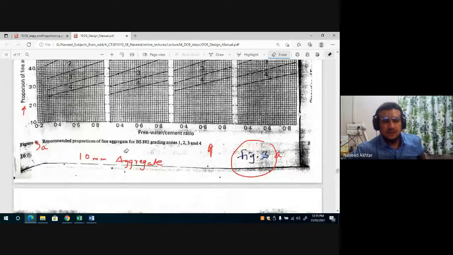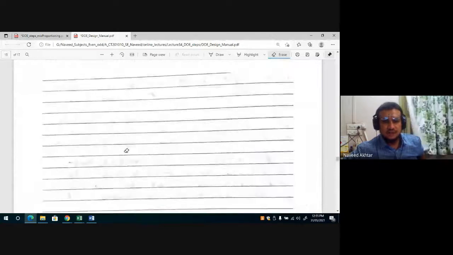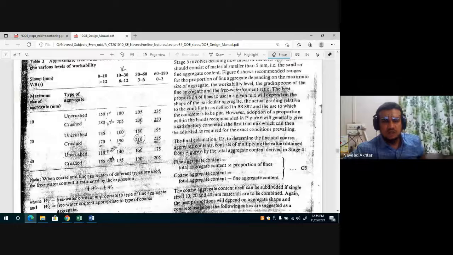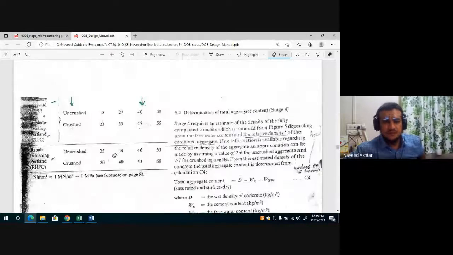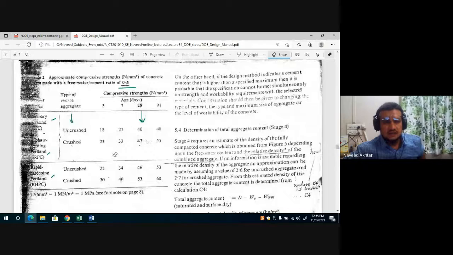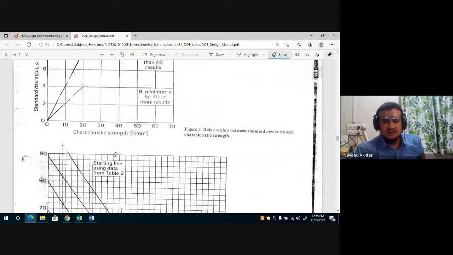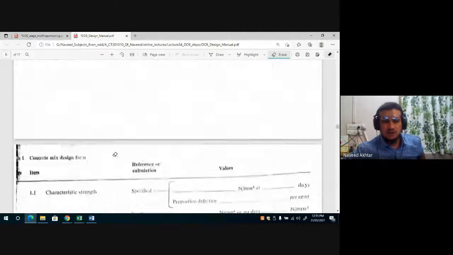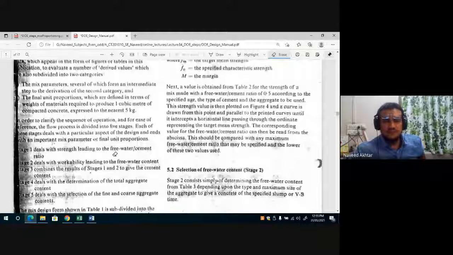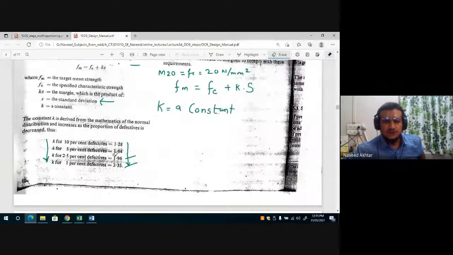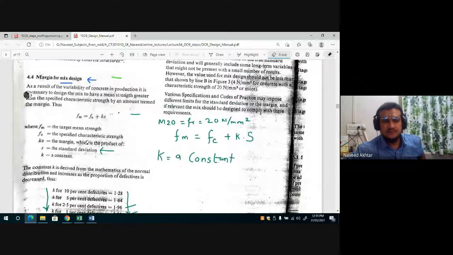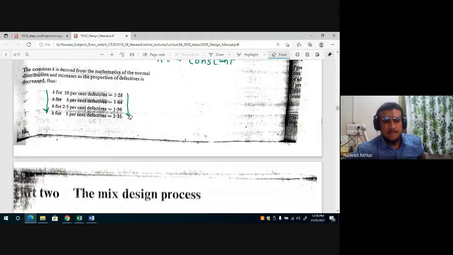These figures, graphs and tables you have to use for the mix proportioning of your concrete, for different types, sizes, and water to cement ratio values. To select the values K and N from the graph, you can calculate the target mean strength, the first step.